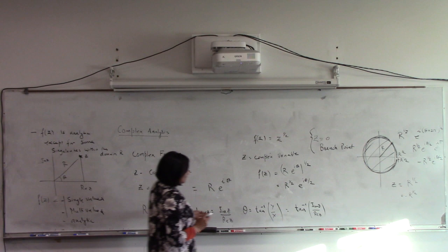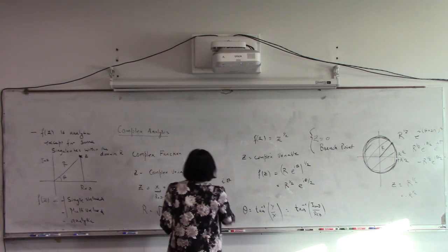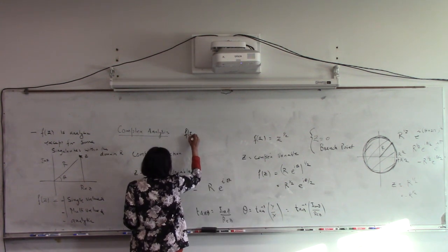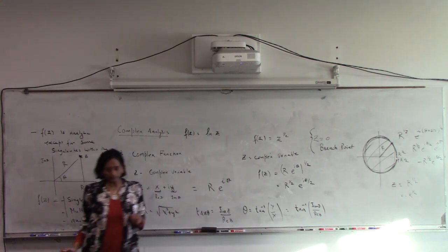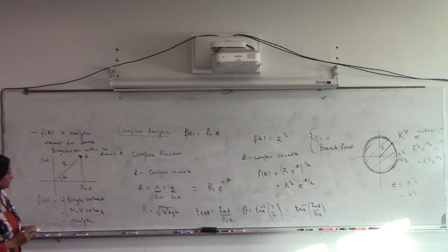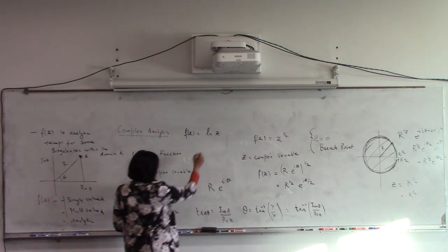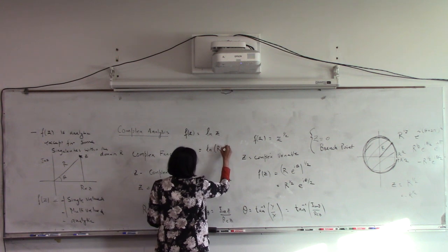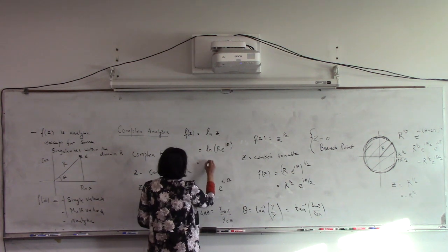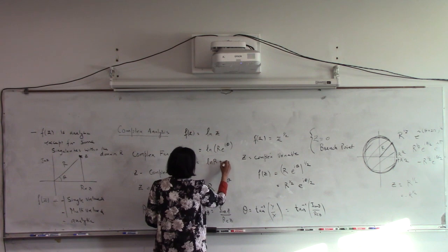Similarly, consider a function like f of z equal to natural log of z. If I put z equal to r e to the i theta, because this is a complex variable, this is nothing but natural log of r plus i theta.